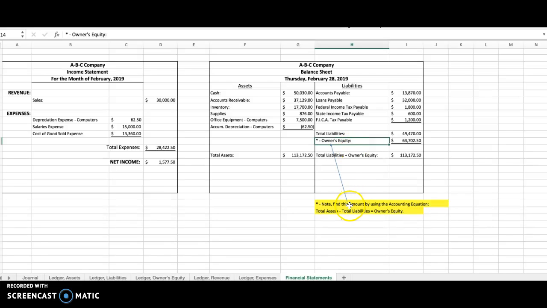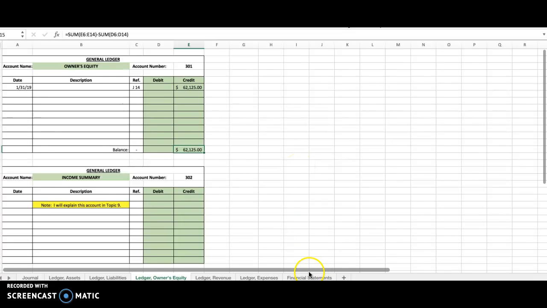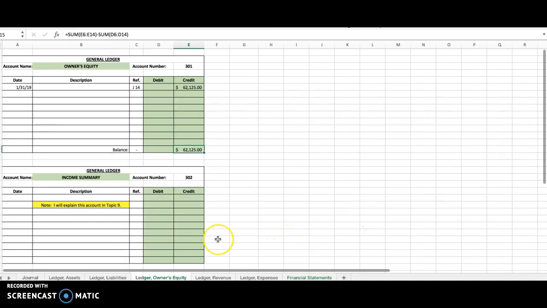We found it by using the accounting equation, but the problem we have with our books, if we go back to owner's equity account, this is not the same as we have on the balance sheet. So we have to find a way to bring our books into balance along with our financial statements. That's what topic 9 will be all about.